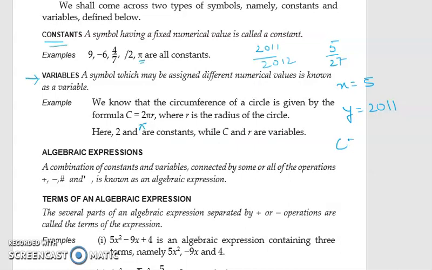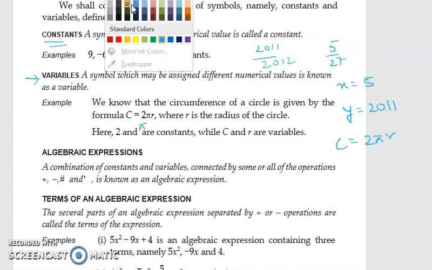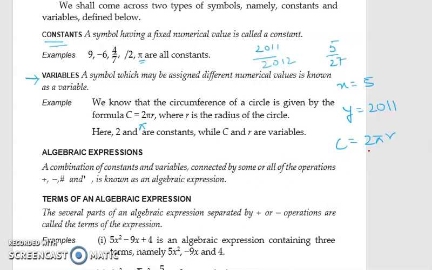This 2 is a constant, students, it has a fixed numerical value, and pi is also a constant. c and r are variables because they can change. The radius of a circle can be 1 centimeter, it can be 5 centimeters, it depends on the question. When you substitute this value here, you will get another value of c, that is the circumference. So this means c and r are variables.